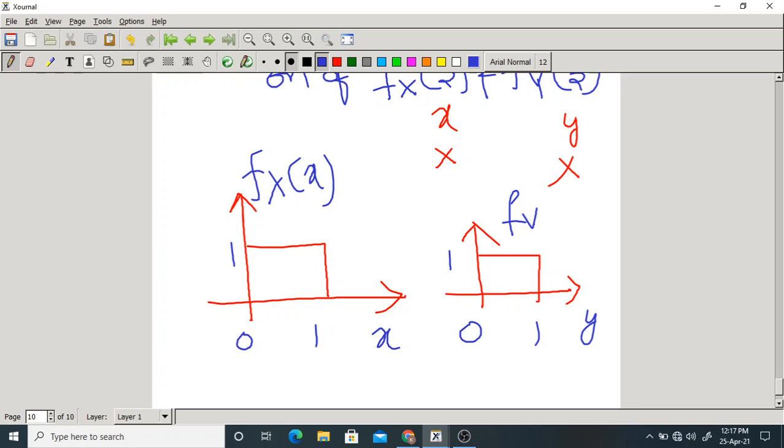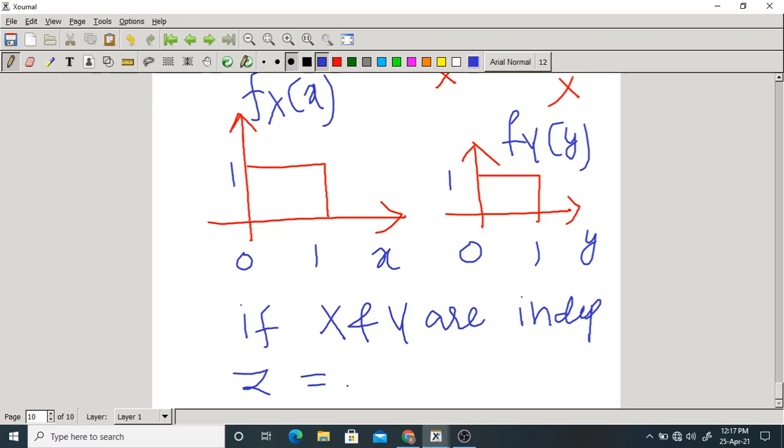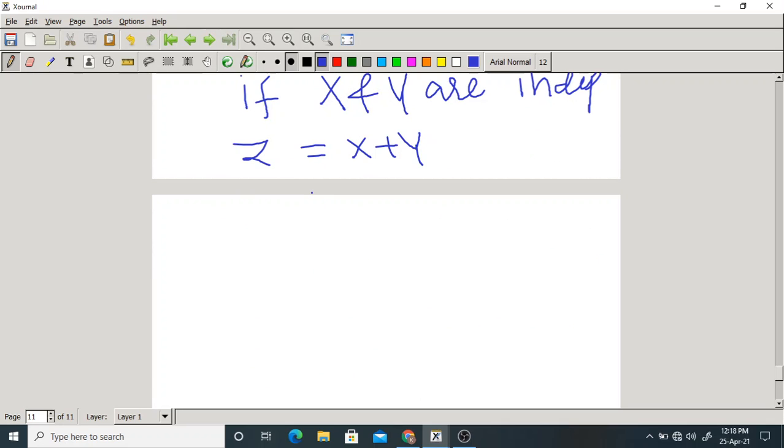This is fy of y. So they gave us two PDFs of x and y, and they have uniform distribution. And if x and y are independent and z equals x plus y, find the PDF of z.